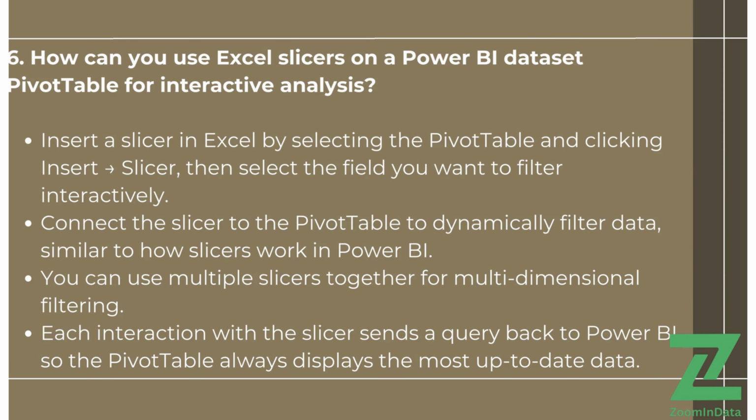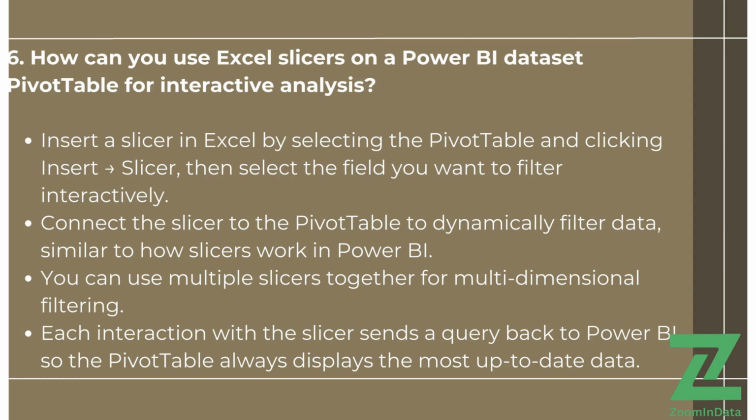Sixth question. How can you use Excel slicers on a Power BI dataset pivot table for interactive analysis? Insert a slicer in Excel by selecting the pivot table and clicking Insert then Slicer, then select the field you want to filter interactively. Connect the slicer to the pivot table to dynamically filter data, similar to how slicers work in Power BI.